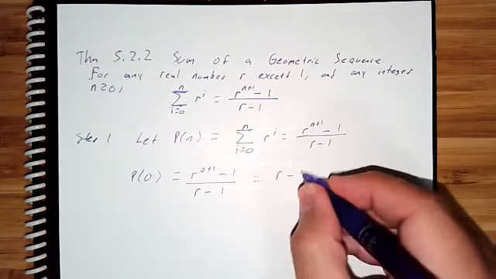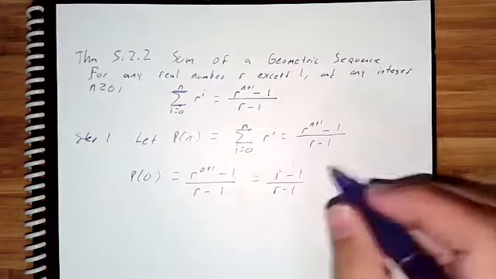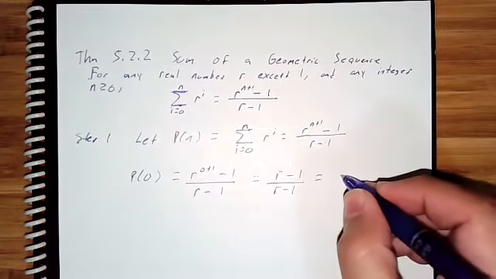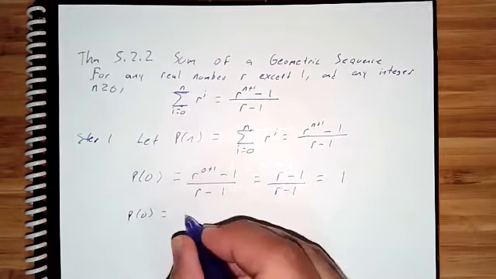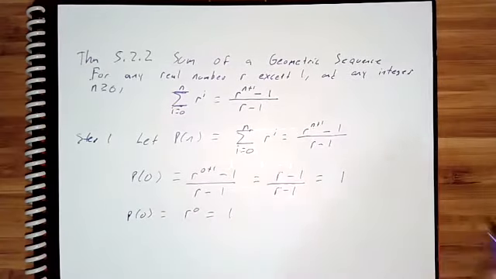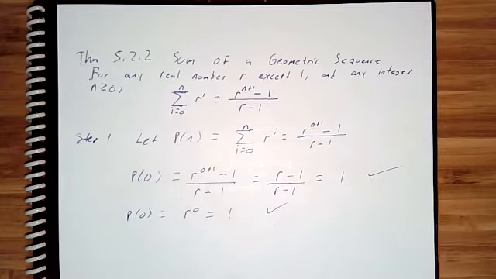So that would be r minus 1 over r minus 1. And if I plug it in there, you will see that that's the same. This would be equal to 1, right? If I plug it in there, you would see that r to the 0 is also 1. So yeah, we're good. It works for some number 0. Remember the induction step, and it says it must work for some number a.